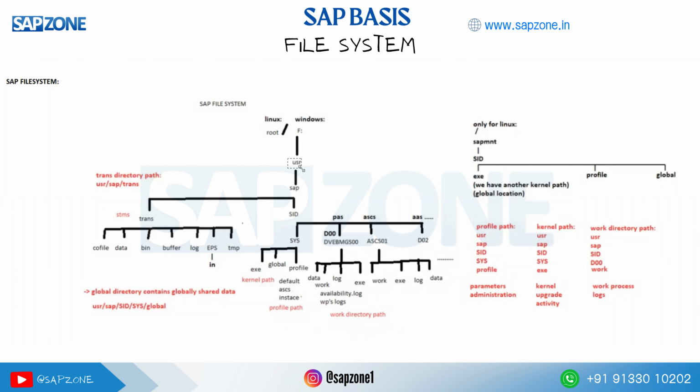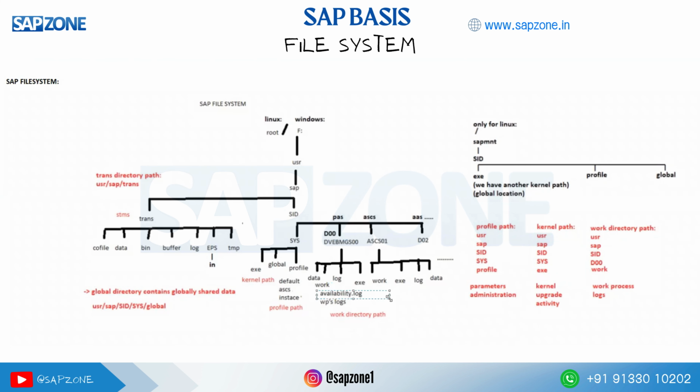See, USR, SAP, SID, just go this way. D00. Don't assume it's just a directory name; I mentioned primary application server related, ASCS related, additional application server related. Under this tree D00, the important folder is work. In this work directory, you have the availability log.